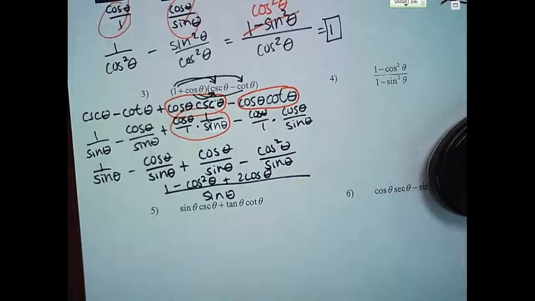It's not one word. Okay. Now, where do you see something we can use? 1 minus. Oh, my sign is wrong. No. Be nice.